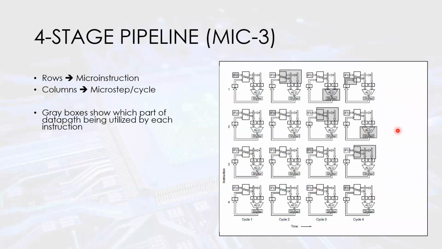All right, so this is just another way to look at it. This would be a 4-stage pipeline. Each row shows a micro instruction, so this is instruction 1, instruction 2, instruction 3, and each column shows the micro step.